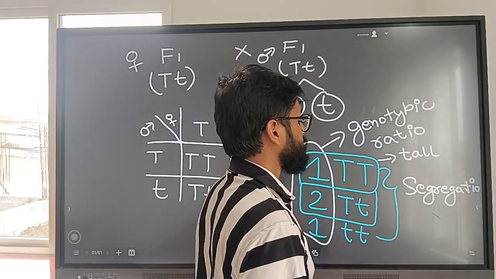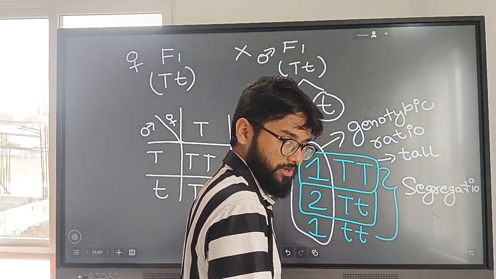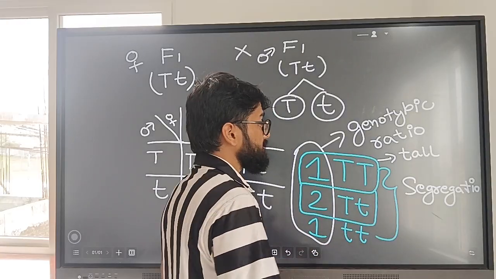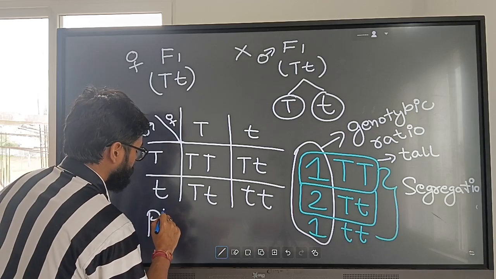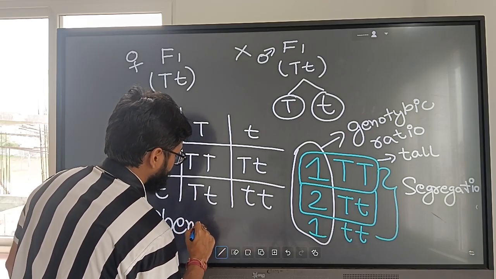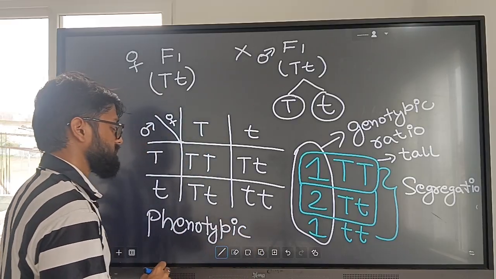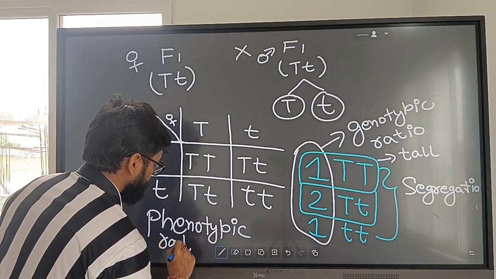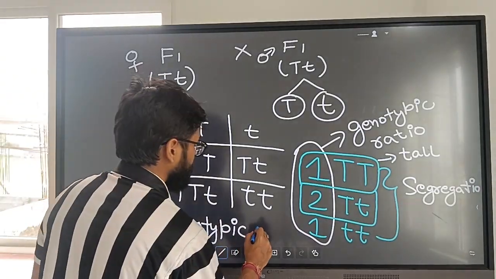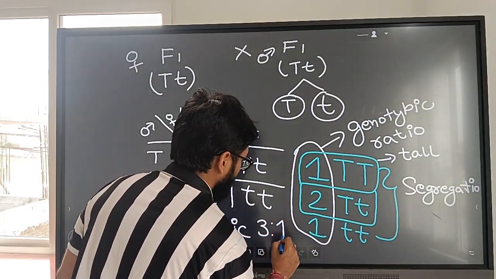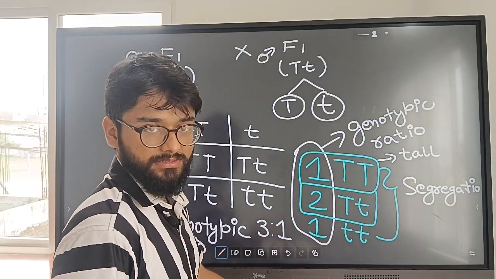Now we get only three talls and one short. Why? Because this is short, right? This itself is called your phenotypic ratio, something that you observe, something that is present. This is our phenotypic ratio, that is 3:1, correct? This is 3:1. We got it? Fine.